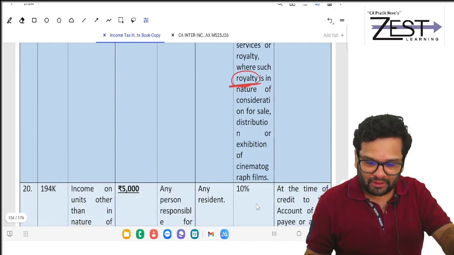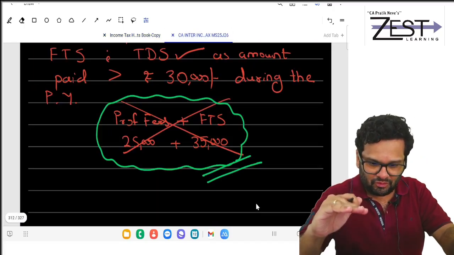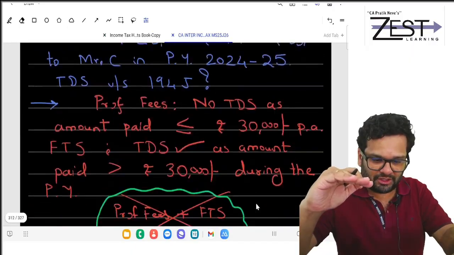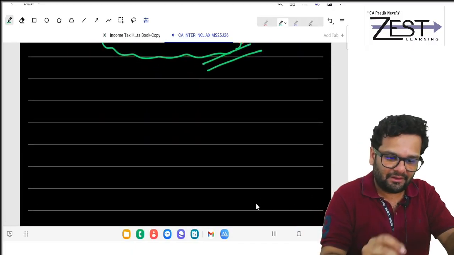See, 194J is almost done. One more example pending.